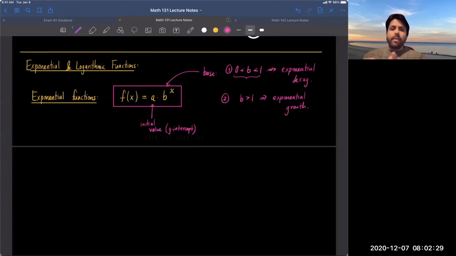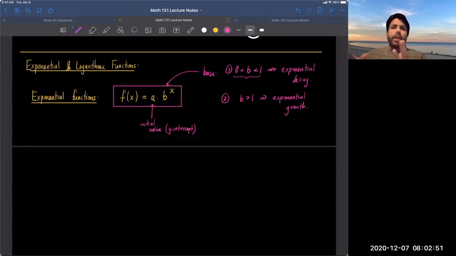Bacteria, the way viruses spread is at an exponential rate. That's why we talk about how things double every few days, and what happens as the number of cases increases. Exponential functions can model that kind of trajectory.